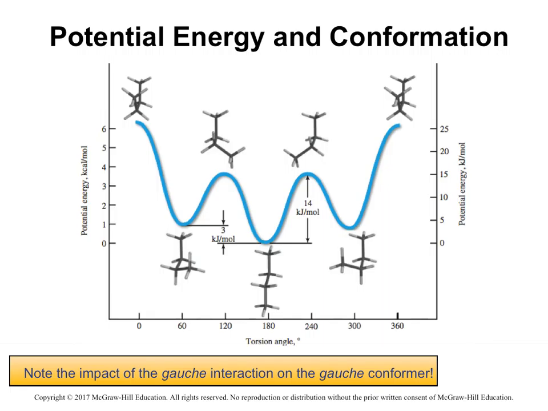We're talking about two big methyl groups versus two hydrogens in ethane versus a methyl group and a hydrogen in propane. And you can imagine what would happen if we went up another carbon to pentane. On your own, I would expect you to be able to figure out the relative energy diagrams and draw them for pentane, hexane, for any structure that I gave you at this point in time.